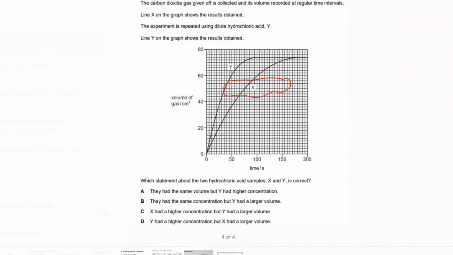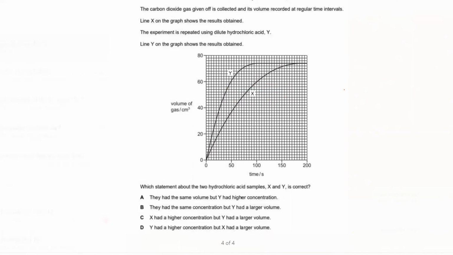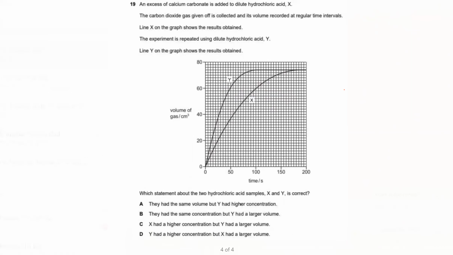So this one, he added a carbonate reaction, I think. Right, yes, it's a carbonate, since a carbonate is reacting. He's asking about hydrochloric acid. Now remember this one: which one is a slow reaction?